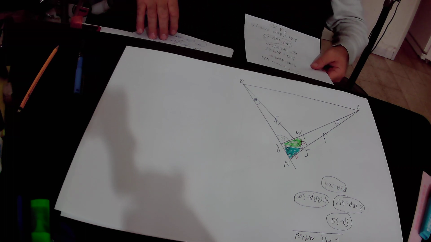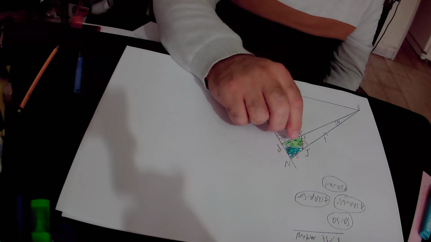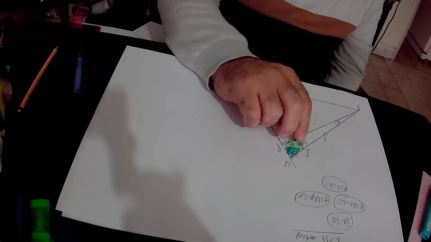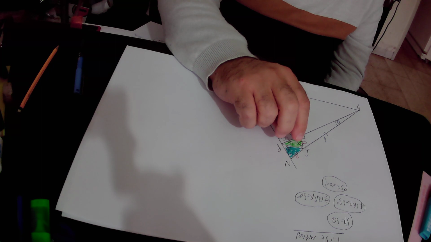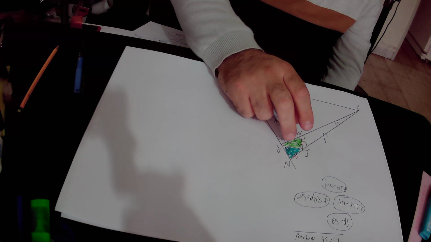Okay, so we proved that the green triangle is congruent to the blue triangle according to the angle-side-angle rule. We have two angles in the green triangle and the common side that are correspondingly equal to two angles in the blue triangle and the common side SR. Therefore, the green triangle is congruent to the blue triangle according to the angle-side-angle rule.